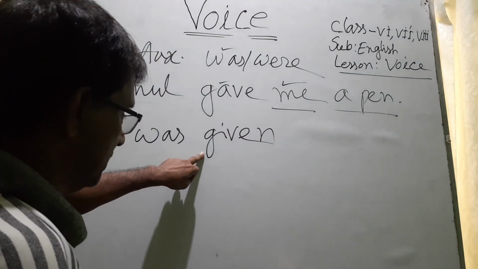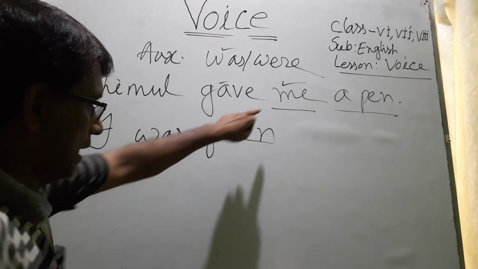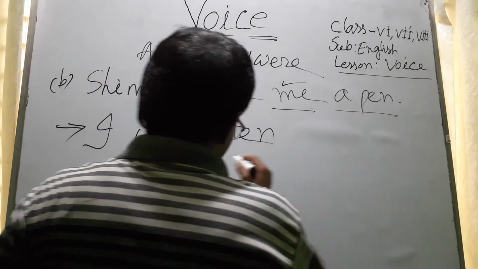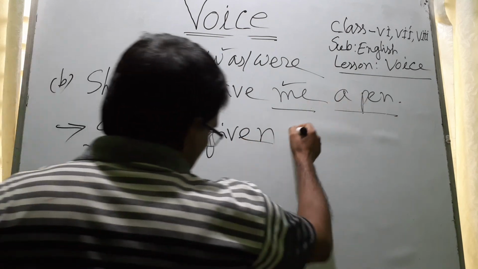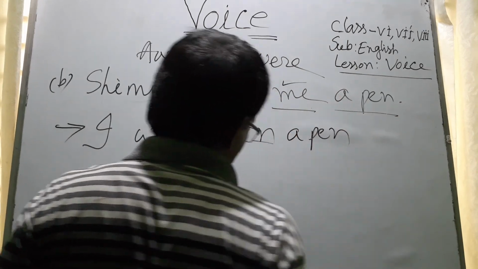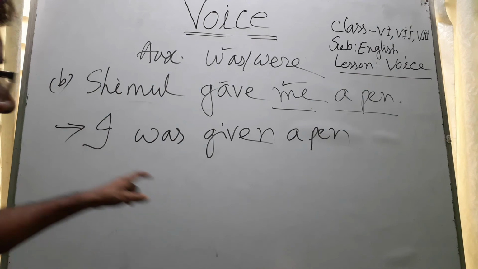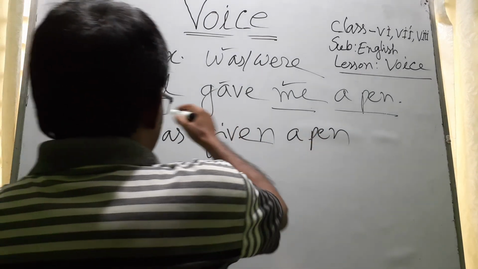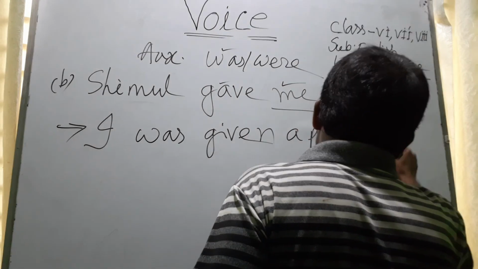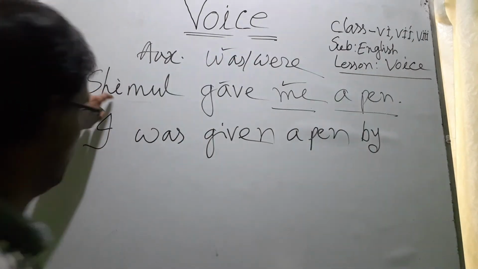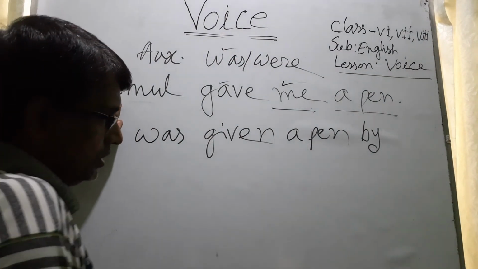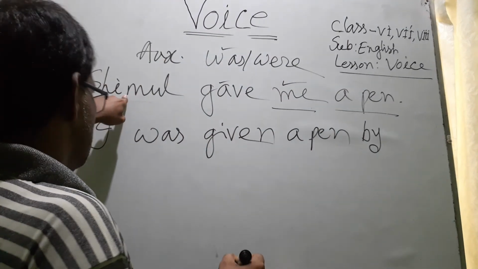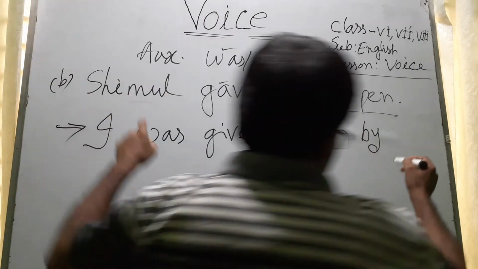I was given, the rest object, a pen, after the main verb. I was given a pen. Now, by, before person, by Shimon. The objective form of Shimon is the same, Shimon.